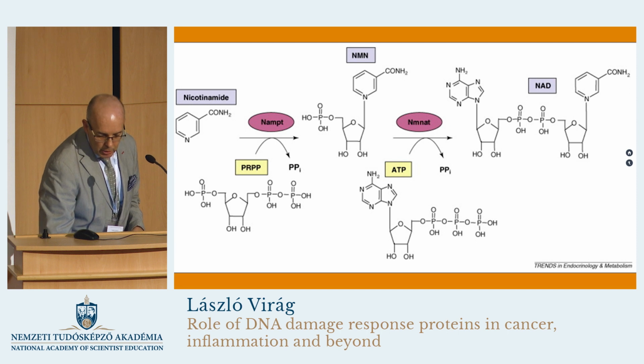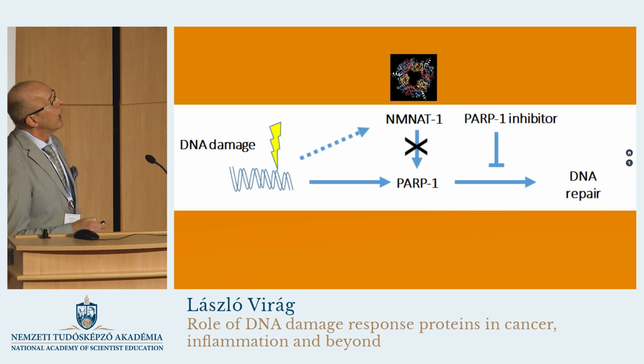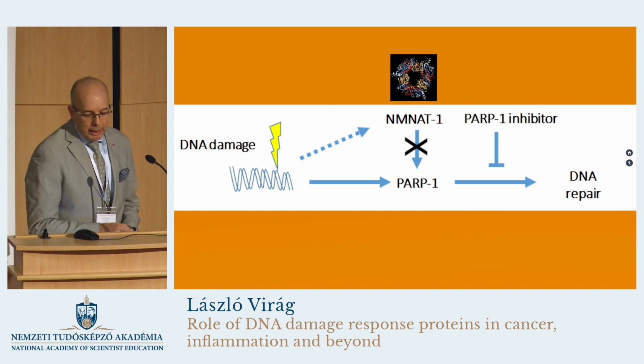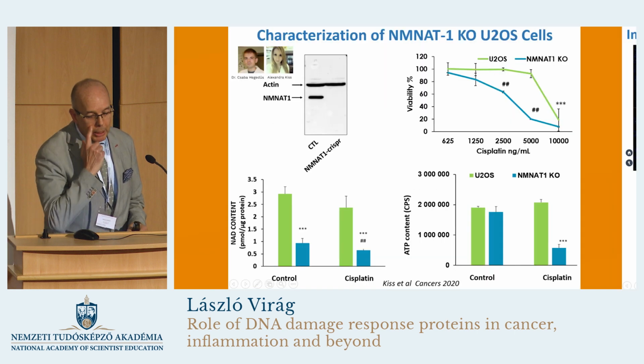And we just knocked out the gene of the nuclear isoform. NMN81 is the nuclear isoform, so this way we thought that NAD can be depleted from the nucleus, and this way PARP1 will be indirectly inhibited, and that might have similar consequences as a direct PARP inhibition.